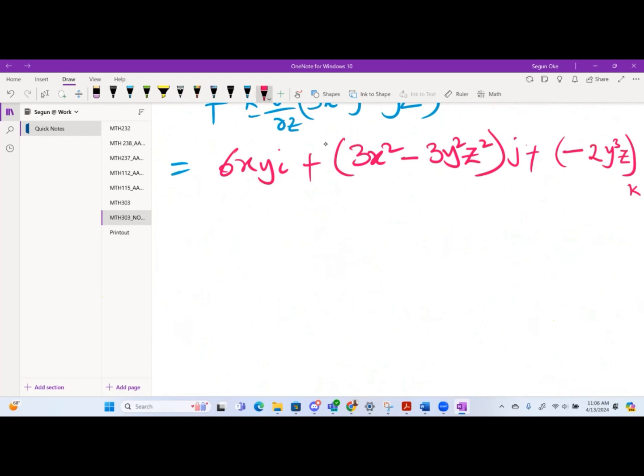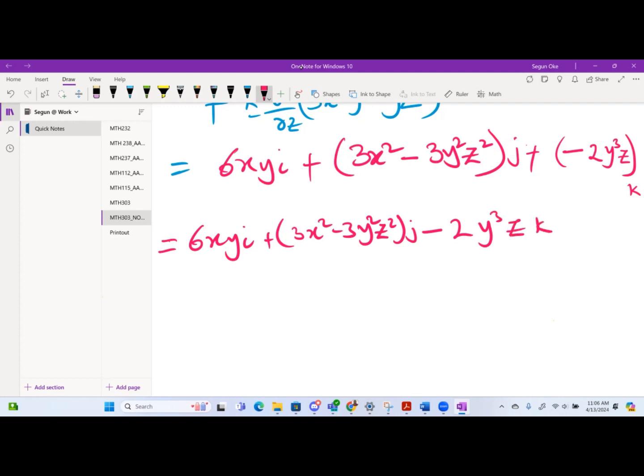This is supposed to be 2, because z is raised to power 2, right? Yes, sir. So we have 6xy i plus, put this one in brackets, (x squared minus 3y squared z squared) j minus 2y cubed z k.